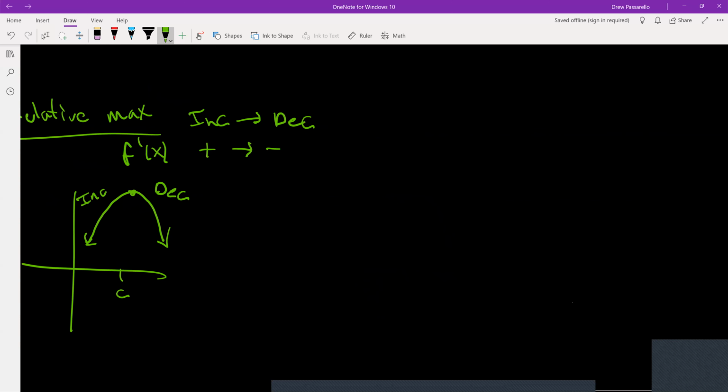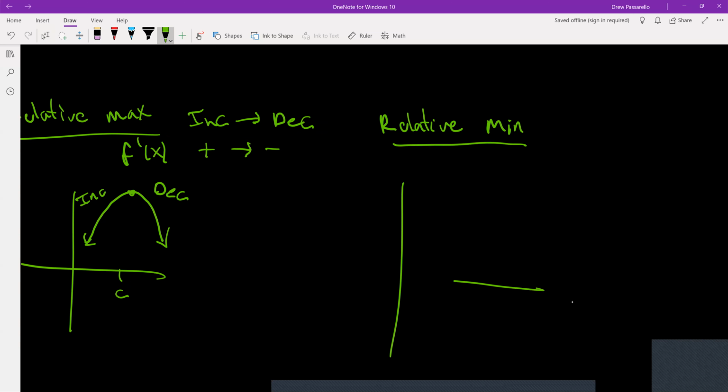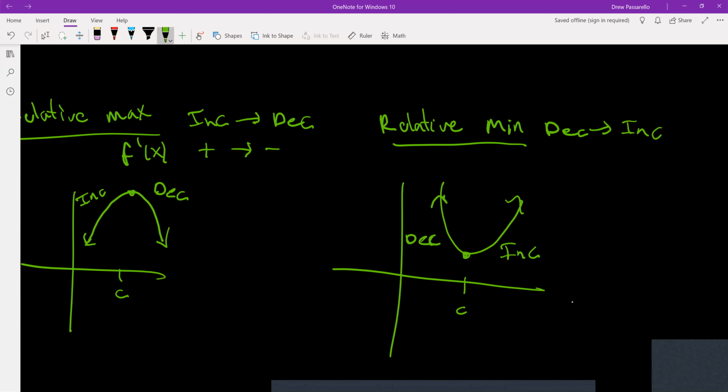And it's the opposite for relative min. Okay, so it's going from decreasing to increasing. Based on its derivative, that means it goes from negative to positive.